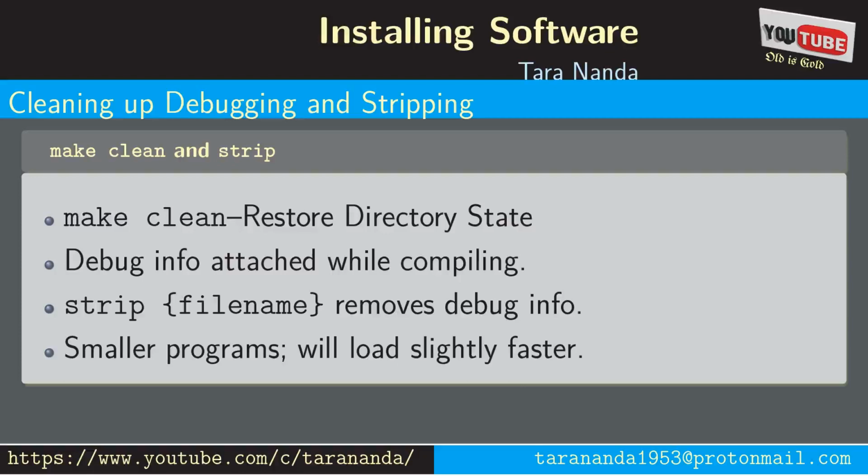So there's a utility called strip. If you give the command strip and the executable file name, then it removes all the junk from that file. The biggest advantage of doing this is that your final program is very small and it will load faster.